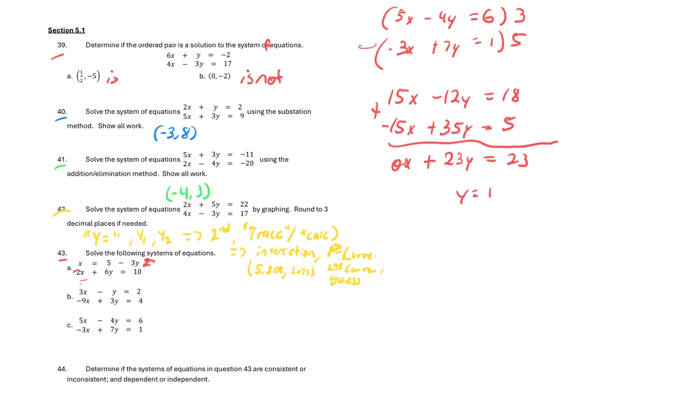I'm then going to use this second equation to solve for our x. So negative 3x plus 7y, which we found out to be 1, is equal to 1. So we get negative 3x plus 7 equals 1. Negative 3x is equal to negative 6 when we subtract 7 from both sides. X is equal to 2, so the ordered pair here will be 2, 1.